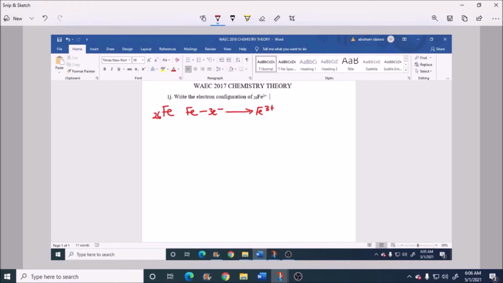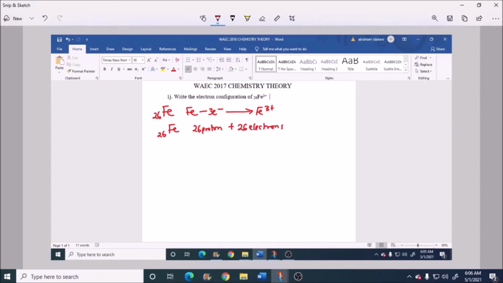Then iron in its elemental form having atomic number 26 has 26 protons and 26 electrons. So this is iron in its elemental form.